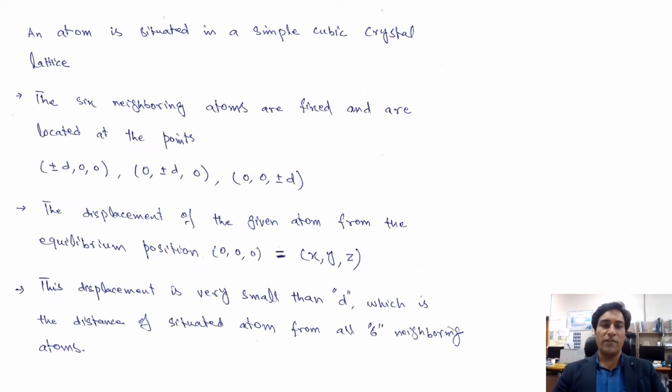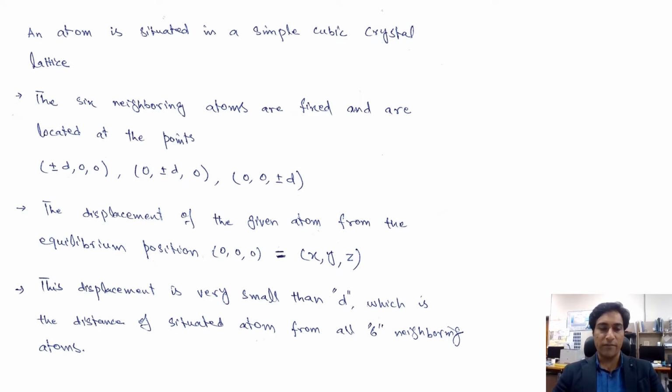If an atom is situated in a simple cubic crystal lattice, the six nearest neighbor atoms, as I explained in the previous slide, are situated at these points. The displacement of the given atom from the equilibrium position (0, 0, 0) is x, y, z.